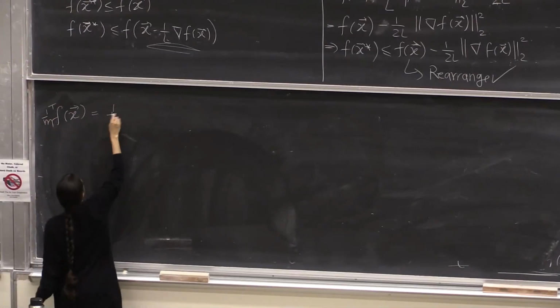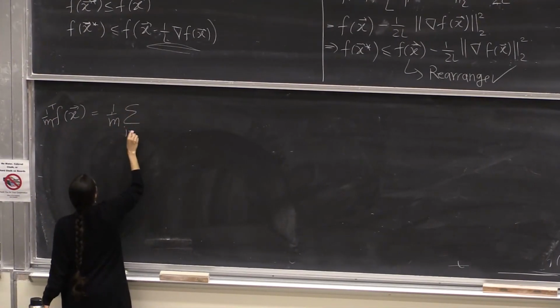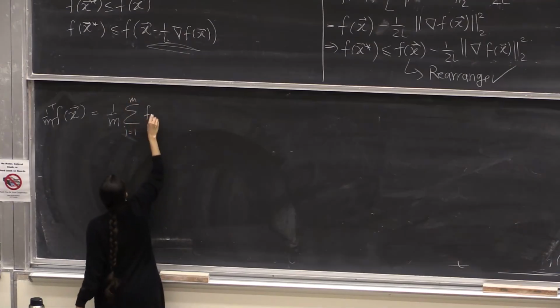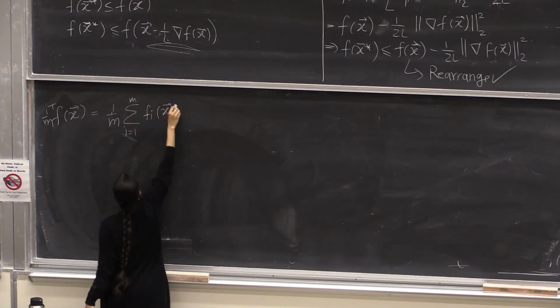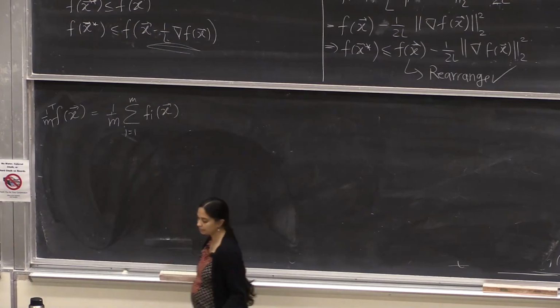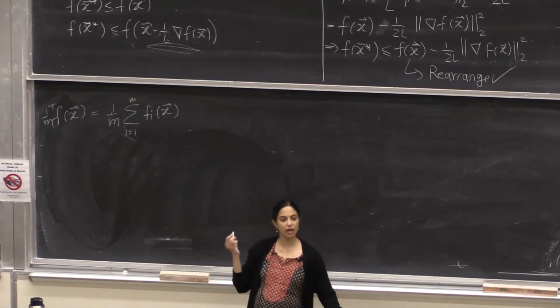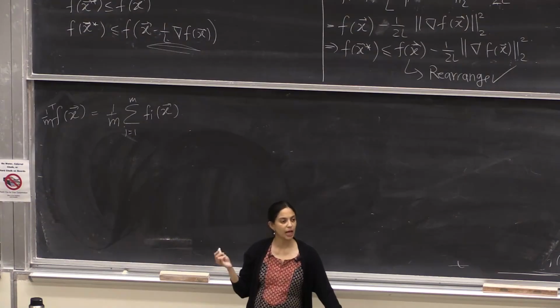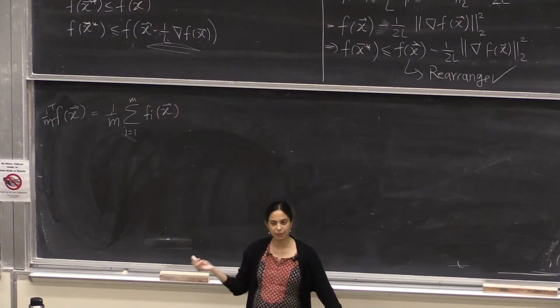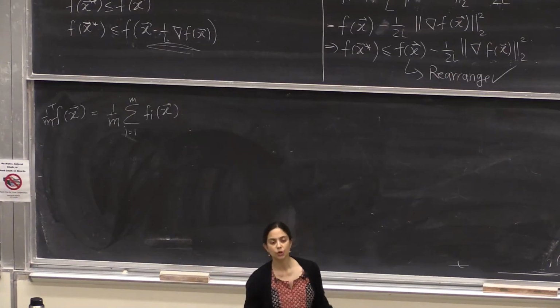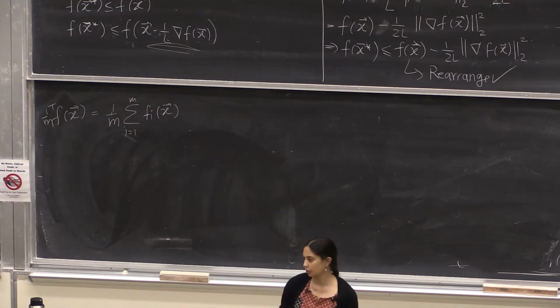And I can write this as a sum of f_i of x. So I'm taking what I have as my function and thinking of it as an additive loss. So typically, especially in machine learning problems, what you have is a loss function or something that you're trying to minimize that is the sum of losses on many different data points, right? Or it's the sum of losses from many different cases.